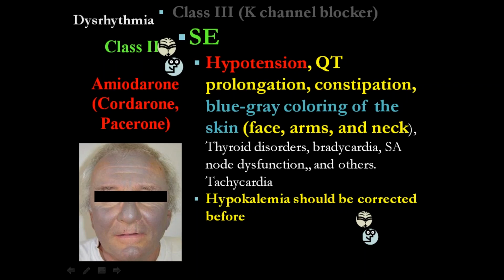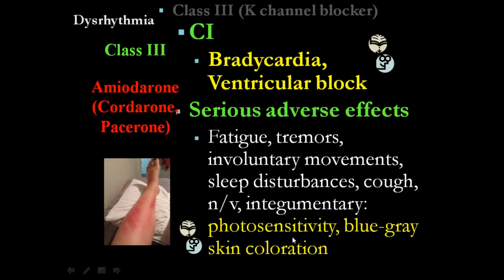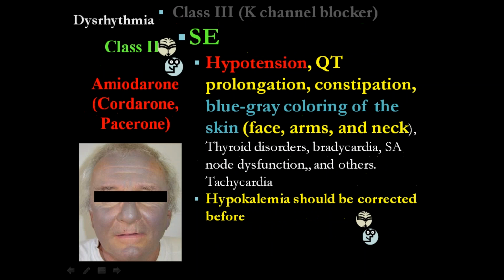We have the blue-gray coloring of skin. They love to ask you this in the NCLEX, and we don't know how that happens, but it actually can. I have a picture, I guess. Where's the picture? Yeah, there's a picture there. It's a blue-gray coloring of the skin. If you have potassium channel blockers, you better start to check your potassium, right?